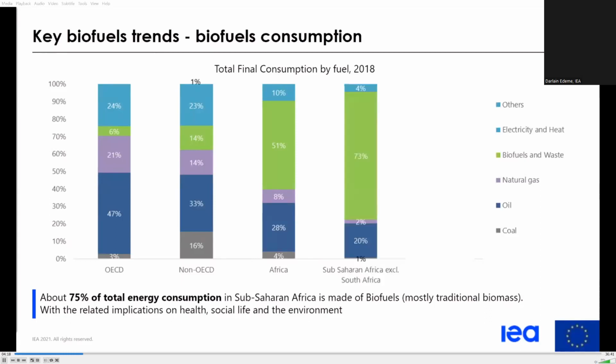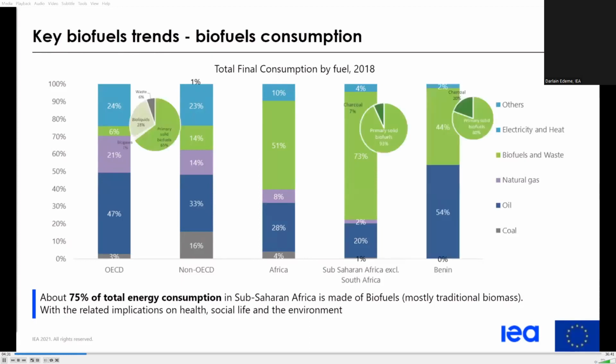And in sub-Saharan Africa, it is even larger, accounting for three-quarters of total final consumption. We have seen that biofuels are the highest consumed fuels in sub-Saharan Africa. In sub-Saharan Africa, the biofuels consist mostly of primary solid biofuels such as wood and then charcoal.